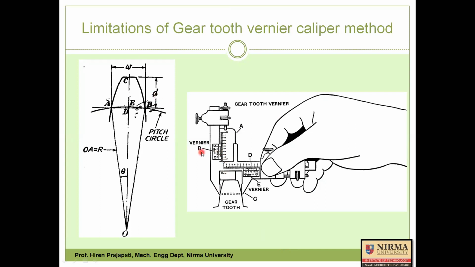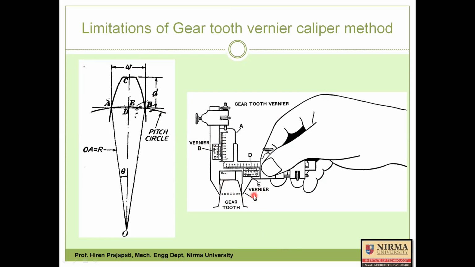So that constant chord depth will be set on vernier B. Then if you place a tooth between the jaws of horizontal vernier caliper E, that would measure the value of constant chord C.